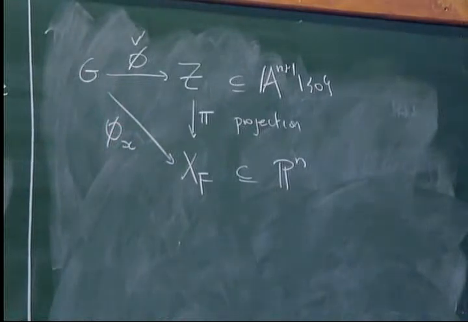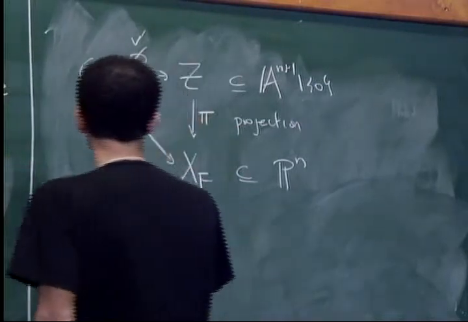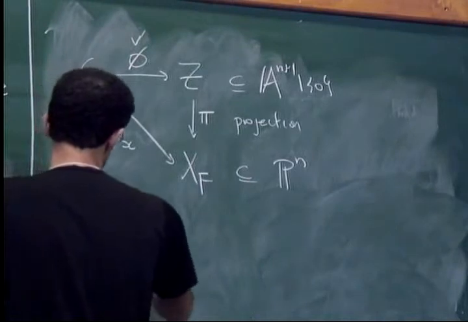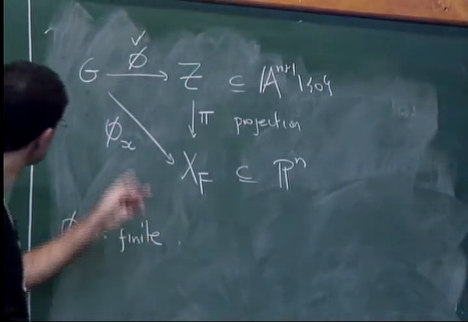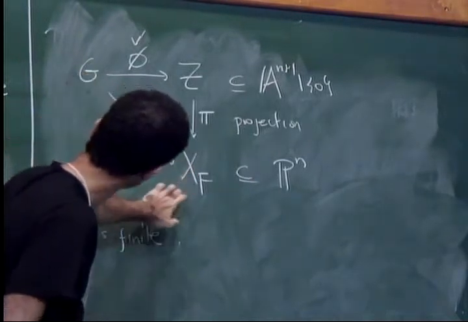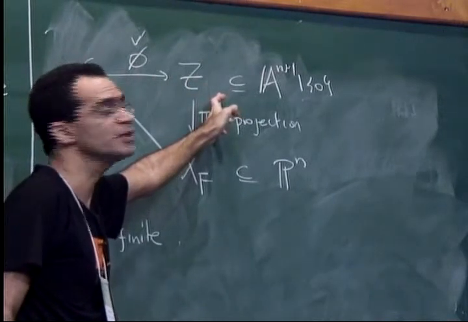Right? So you have this commutative diagram, and what you know is that everything is affine here. G is affine, Z is affine, this one is affine as well. And you know that phi of X is finite. Right? So when you look at rings, you see that this ring here is finite over this one, and then it should be finite over this one here, because it's intermediate.